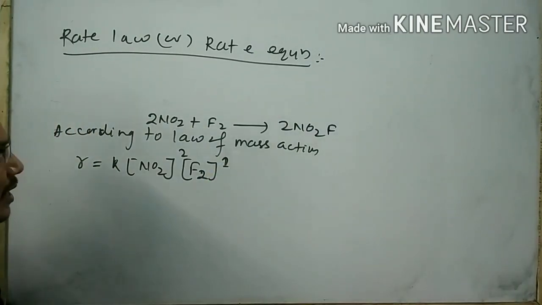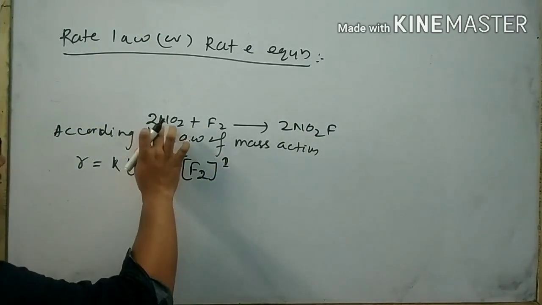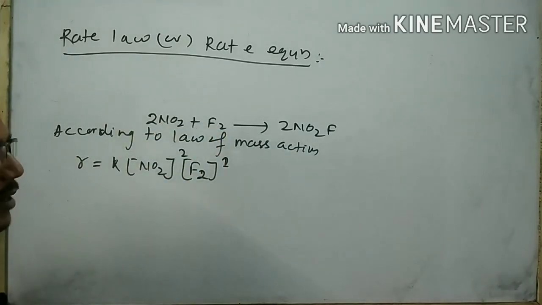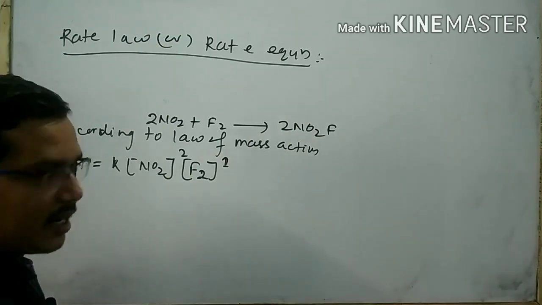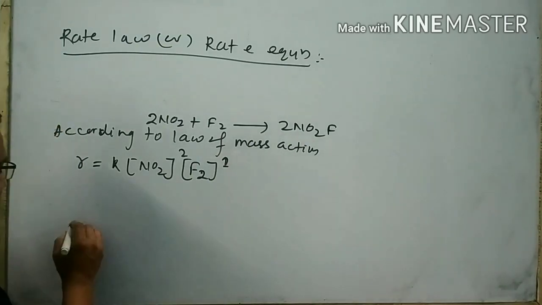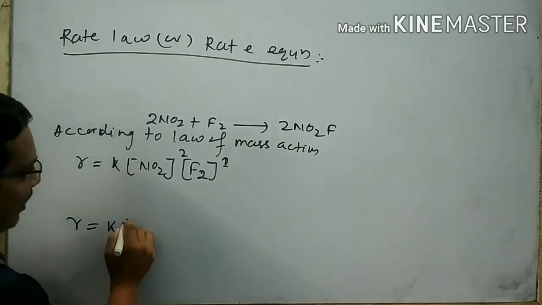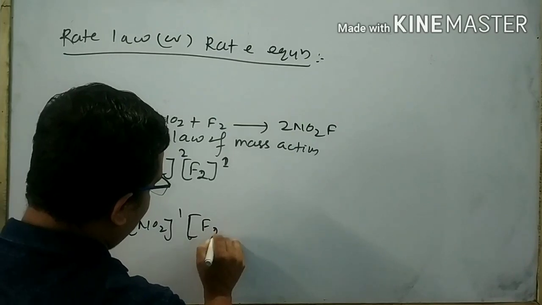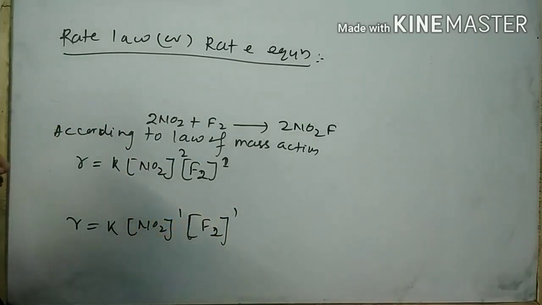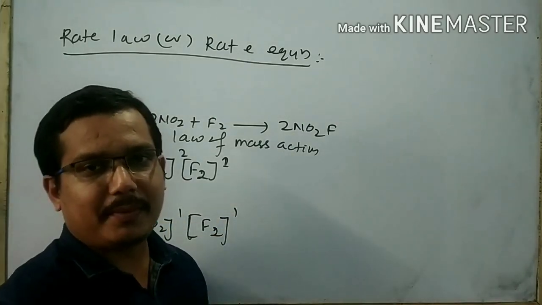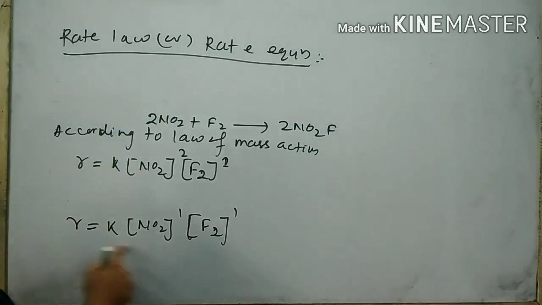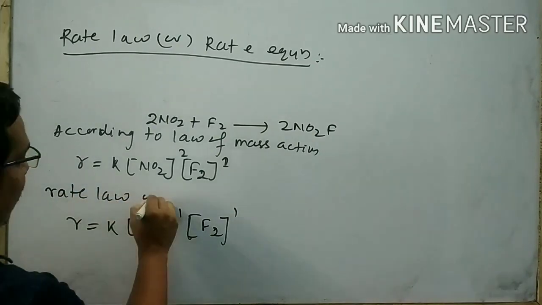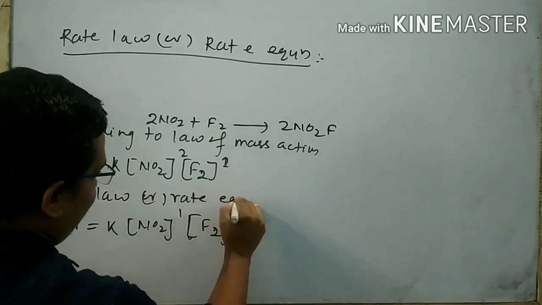For the calculation of rate of reaction, we only depend on 1 mole of NO2 and 1 mole of F2. It can be verified with the help of experimental data. So we can write R is equal to K into [NO2] power 1 [F2] power 1. This is shown by experiment, and this expression is called the rate law or rate equation.